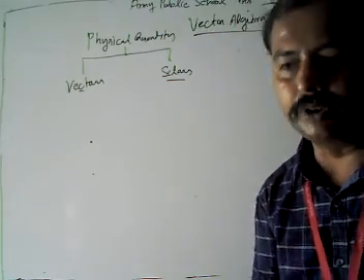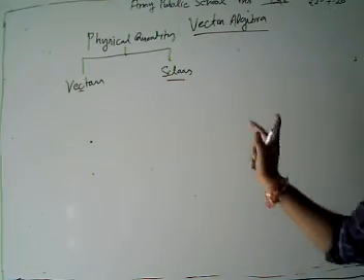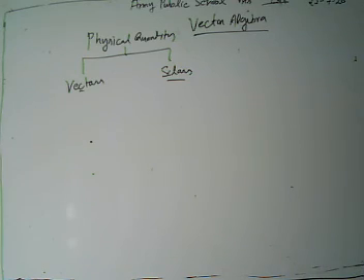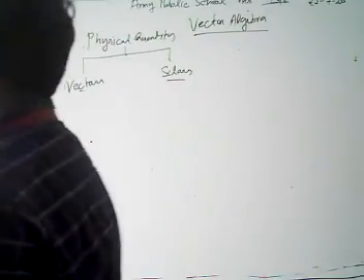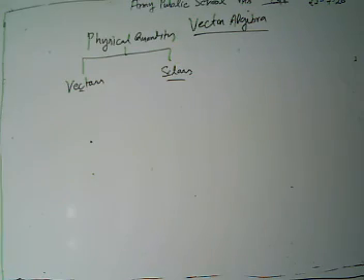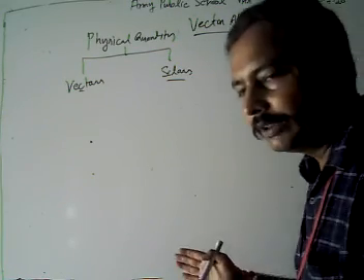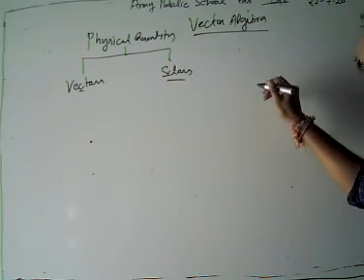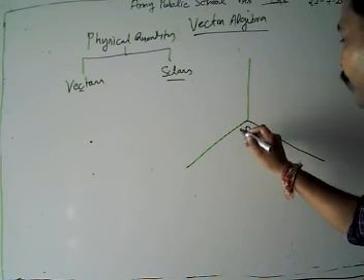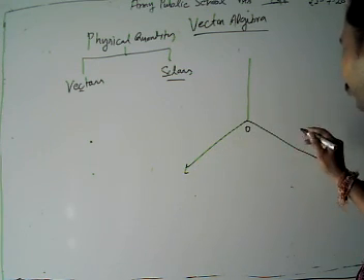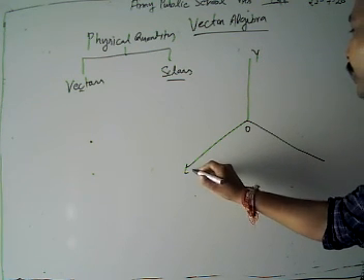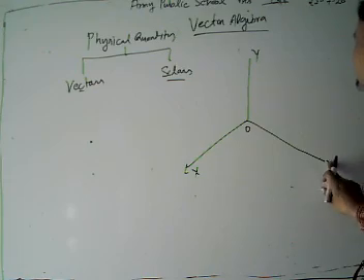Next, we are going to discuss the concept of direction cosines, and then what are referred to as direction ratios. What are direction cosines? To understand them, look, we again have three mutually perpendicular axes with the origin, this is our y, this is our x and this is our z.